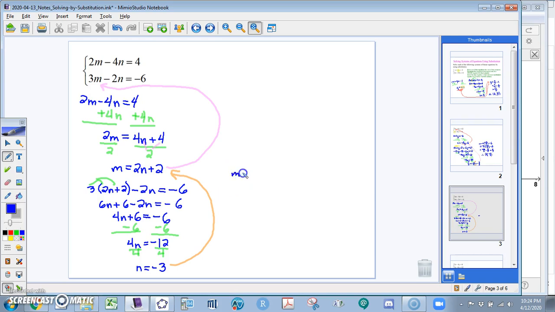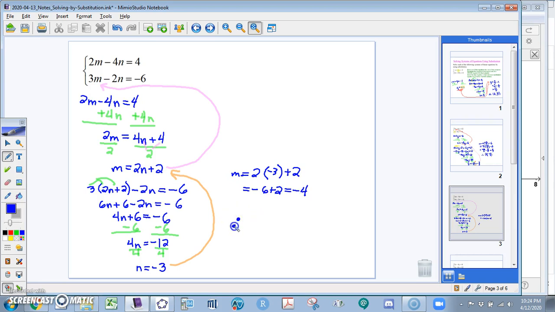So m equals 2 times negative 3 plus 2. That is equal to negative 6 plus 2, which is negative 4.